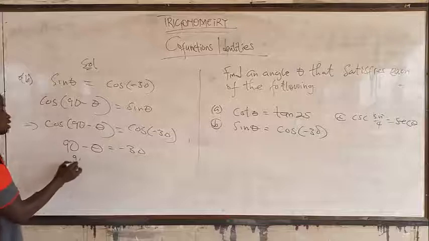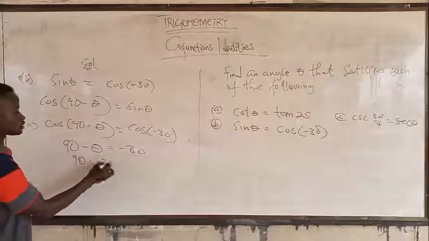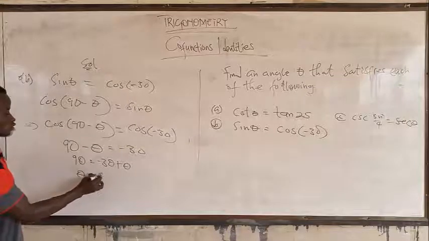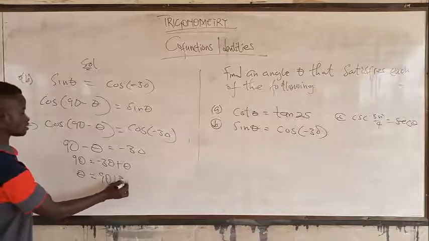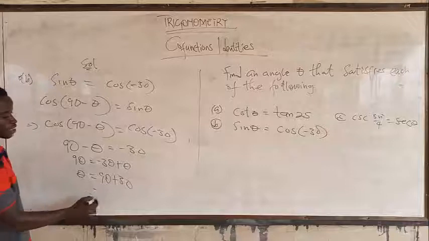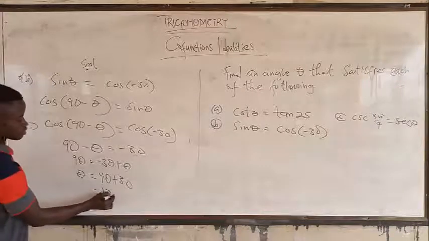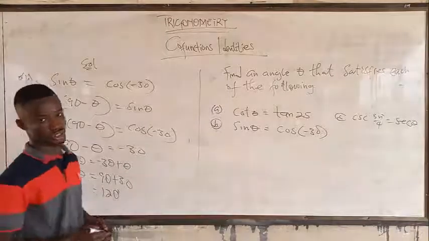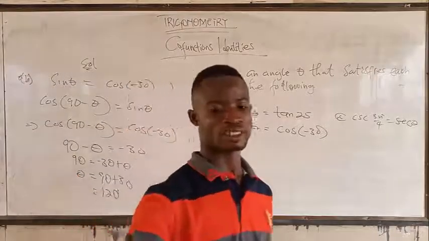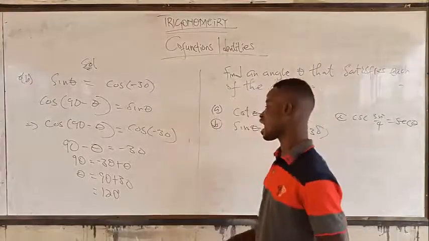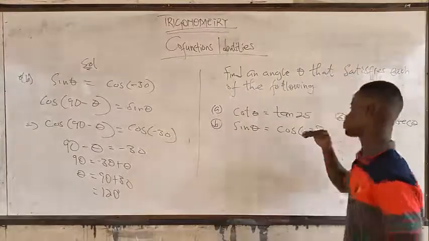So 90 is equal to negative 30 plus theta. Therefore, theta is equal to 90 plus 30. And finally, we get 120 degrees.